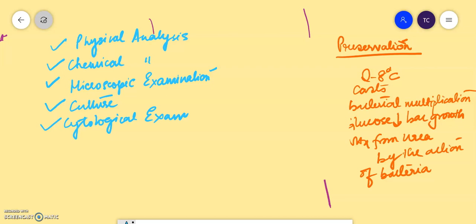So: physical analysis, chemical analysis, microscopic examination, culture and cytological examination.